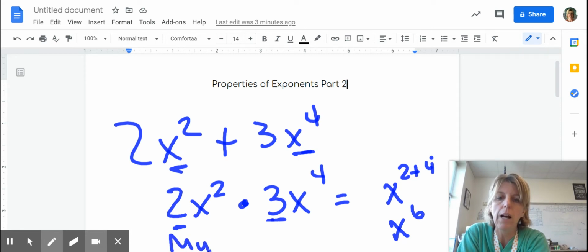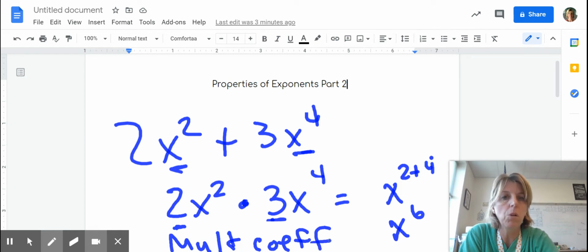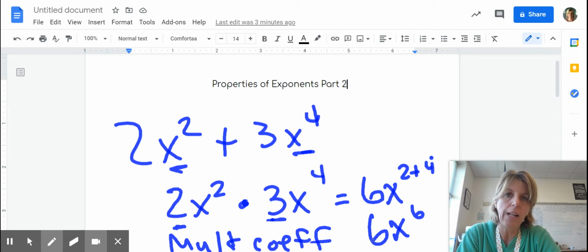You're going to multiply the coefficients, just like you normally would. 2 times 3 has always been and always will be 6. The piece we're adding now is that adding of the exponents. If you multiply, you add exponents. So 2x squared times 3x to the fourth would be 6x to the sixth.